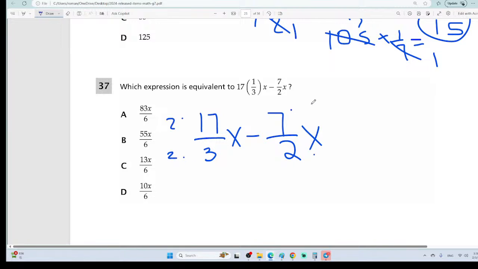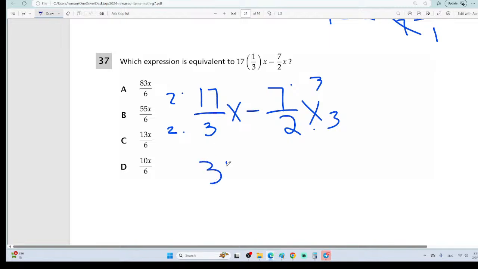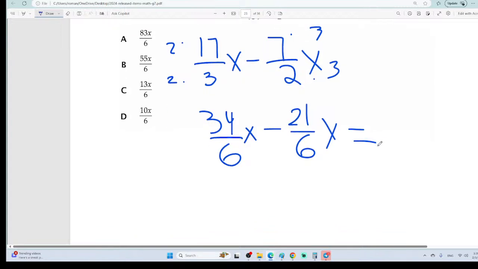This and this we're going to do times 3, which is going to be 34 over 6x minus 21 over 6x, which is 13 over 6x, and that's the answer.